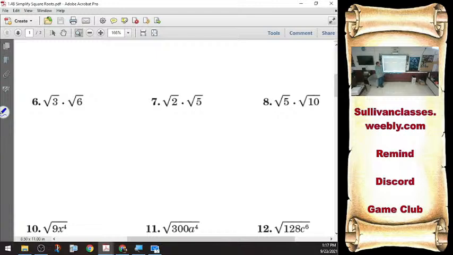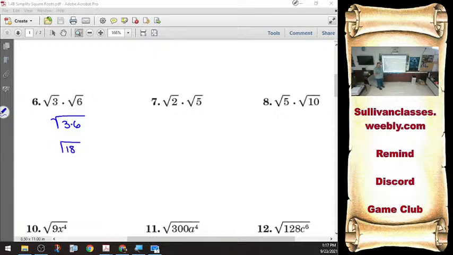So, if I see the square root of 3 times the square root of 6, it's the square root of 3 times 6. They're both in radical land. What is 3 times 6? 3 times 6 is 18. Okay.